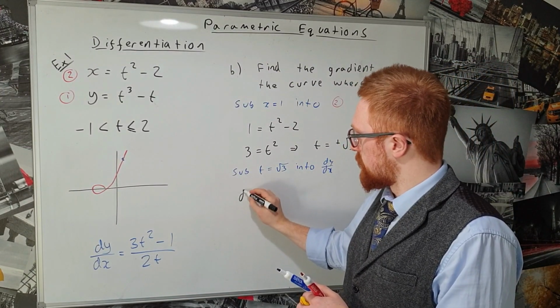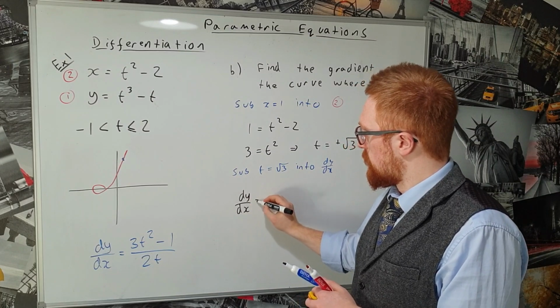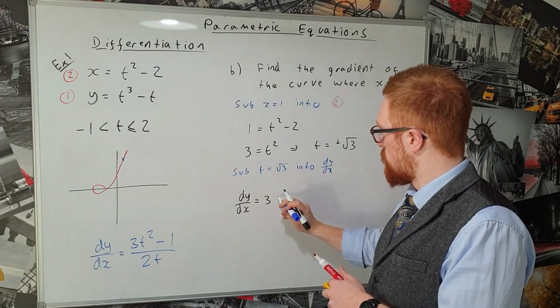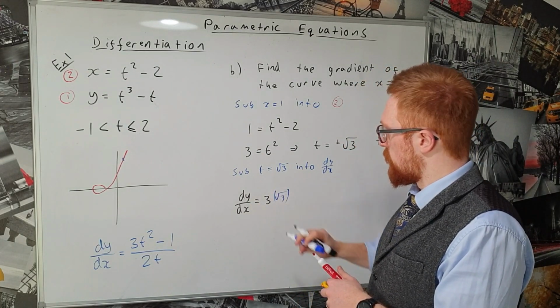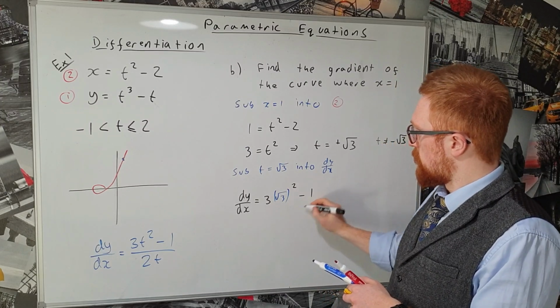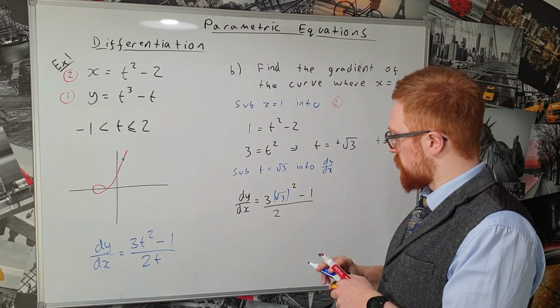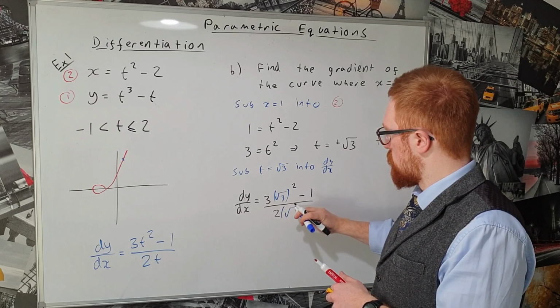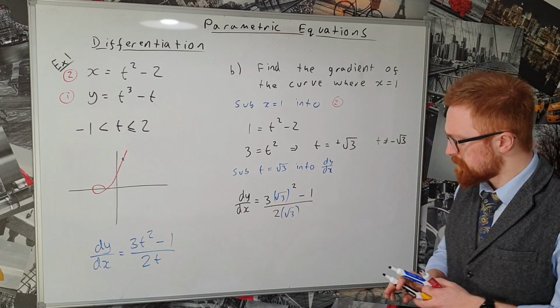So let's have a go at this then. Dy dx is equal to 3 root 3 squared minus 1 divided by 2 root 3.